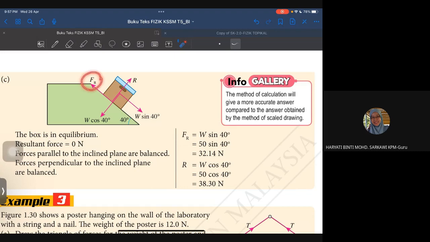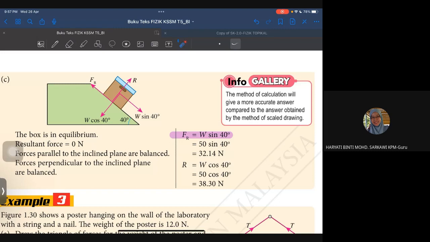FR will be equal to this, because this is your FR, this is W sine 40. Parallel, opposite direction, because the resultant force is 0.